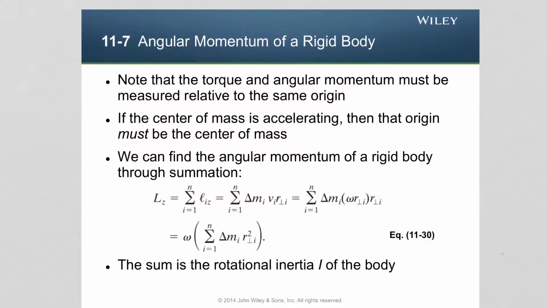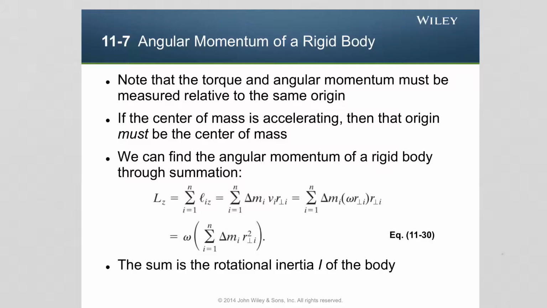What we must realize, though, is that we are always going to get the z component of the angular momentum. So since we are working in three-dimensional coordinates, the motion will always be about the origin of that three-dimensional coordinate system, and typically we take the motion to be in the x and y plane, and so as a result, the angular momentum of every particle that makes up this rigid body will be directed along the z-axis, and that's why we label the angular momentum as Lz.